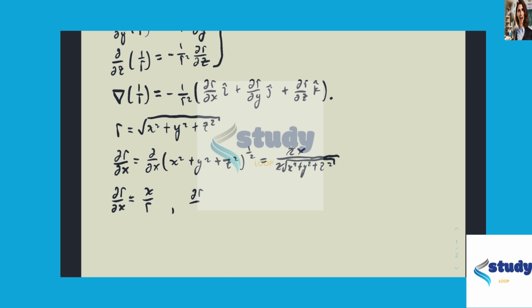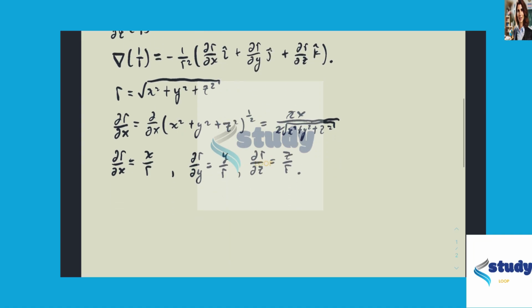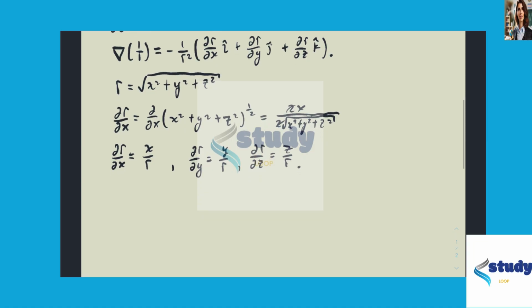So then we'll find that dr dy is just equal to y over r, and dr dz is just z over r.